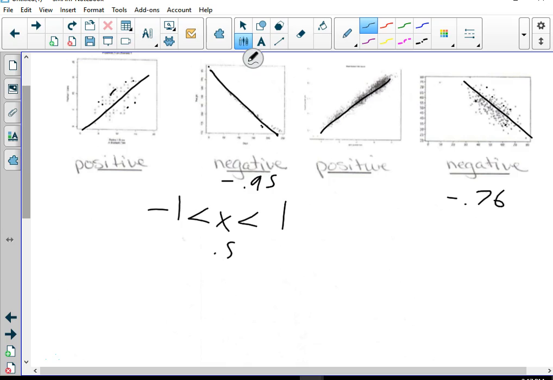Same thing here. I might say, you know, this is pretty close, but maybe this is a positive 0.87. Whereas this one might be a positive 0.78. Okay? It's all about how close it is to the line.